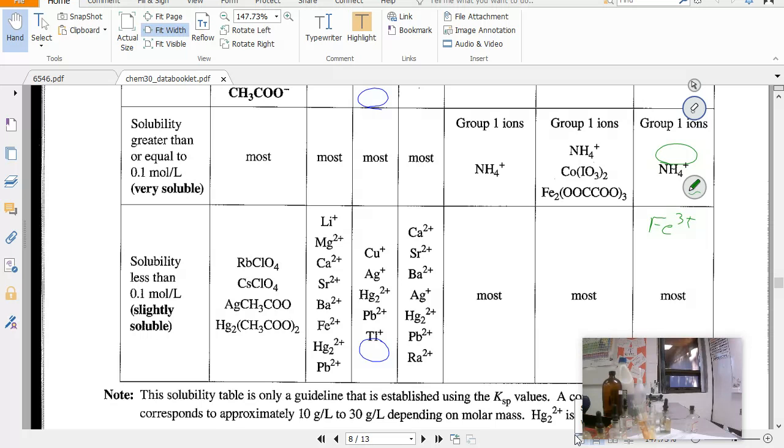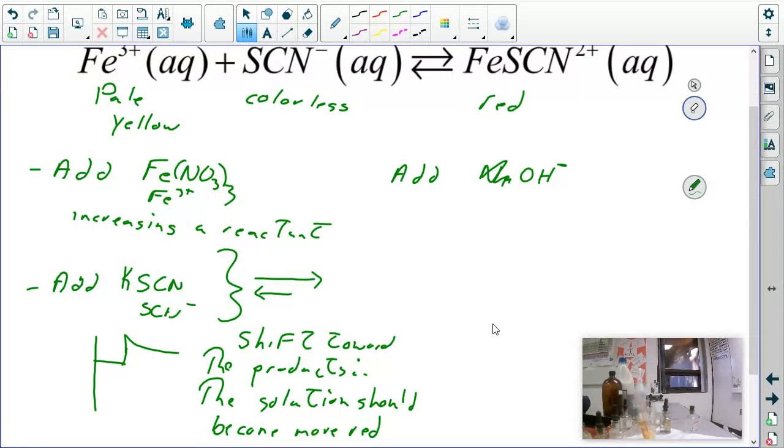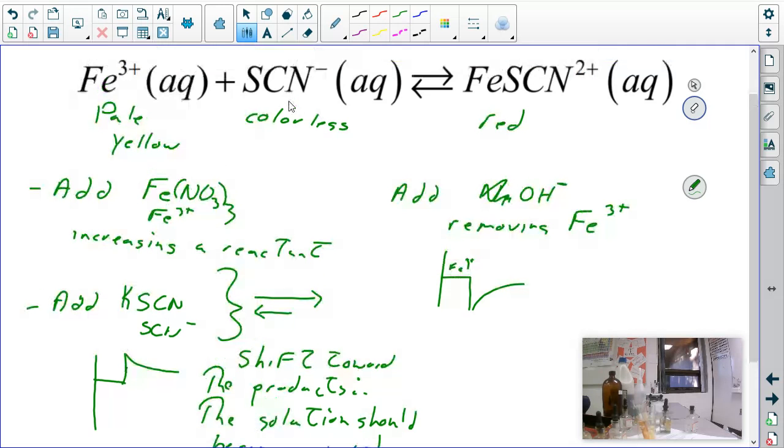I know I'm possibly making this up, but what we're going to be doing here is, again, removing the Fe3+. By adding that sodium hydroxide, that hydroxide is going to react with your Fe3+ to remove it. That system wants to get back to where it is. For this system to get back to where it is, it's going to shift to replace the iron 3.